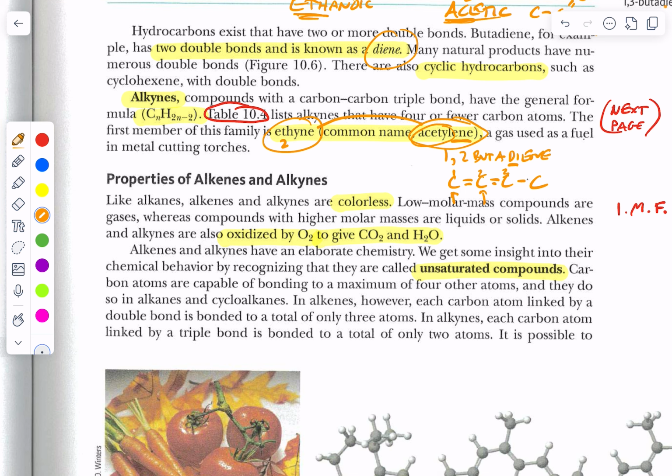Now, by the way, notice the formula. The number of hydrogens can be determined by multiplying the number of carbons by 2 and then subtracting 2. Because remember, every time you add a double bond or a triple bond, another way of saying that is every time you add a pi bond or a second pi bond, those 2 carbons have to get rid of 2 hydrogens in order to still make 4 bonds.